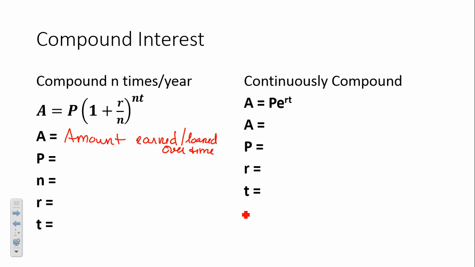It's your final answer. P is how much you invested initially. It's your principal, how much you've invested or how much you've loaned.